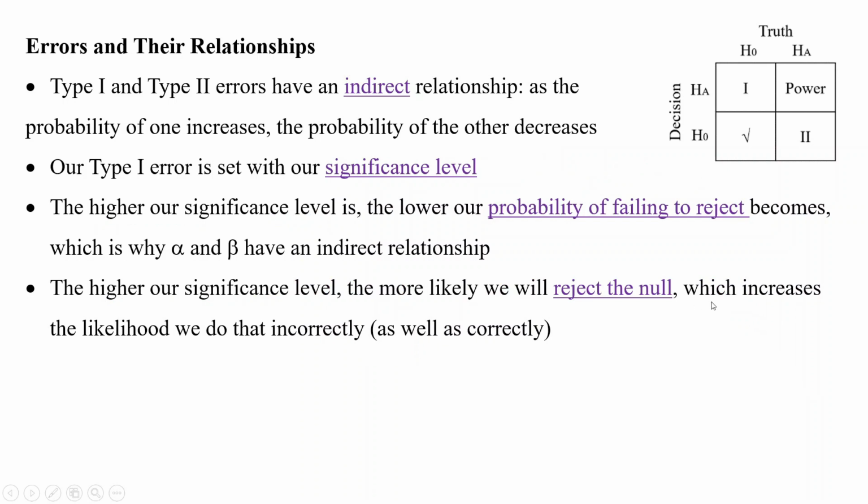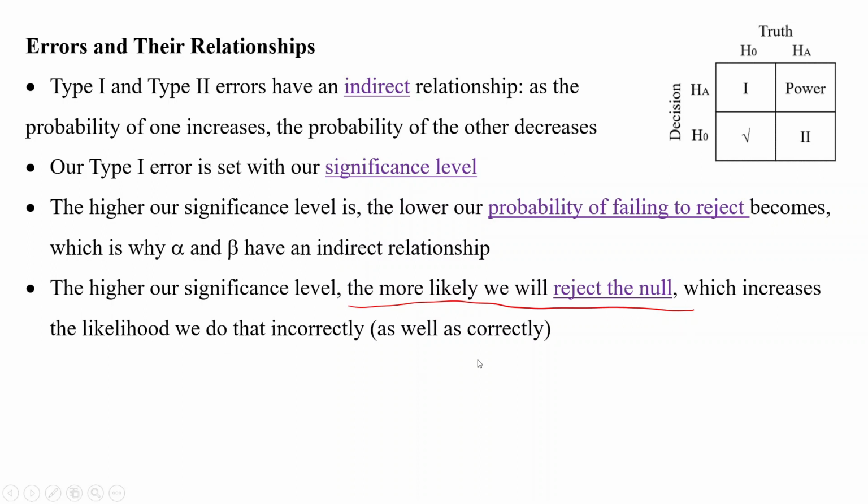The higher our significance level, like I just said, the more likely we will reject the null. And it's more likely because our higher significance level has more p-values that will allow you to reject the null. When you are more likely to reject the null, this also increases the likelihood that you are going to do it incorrectly, as well as correctly.